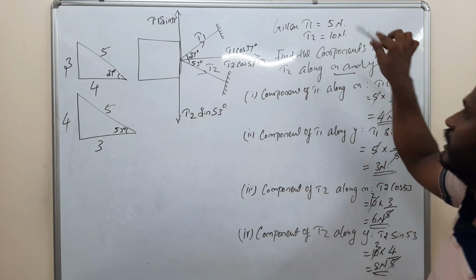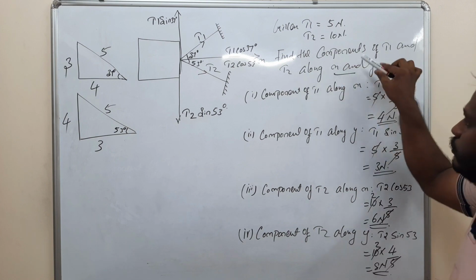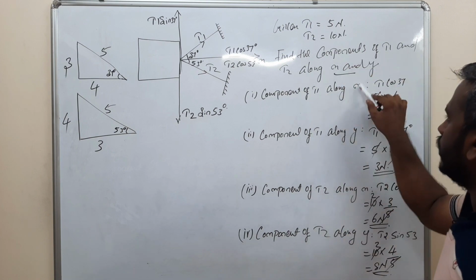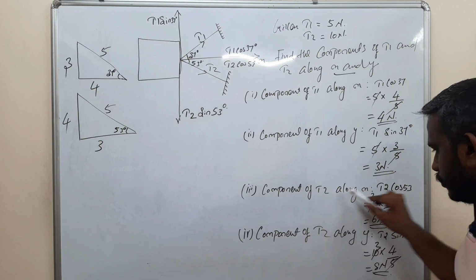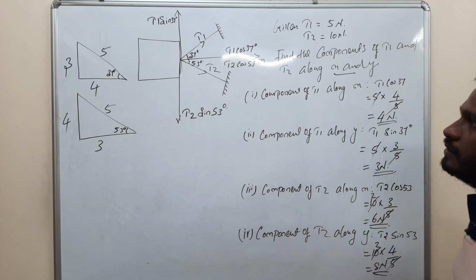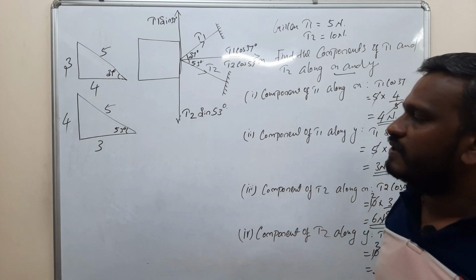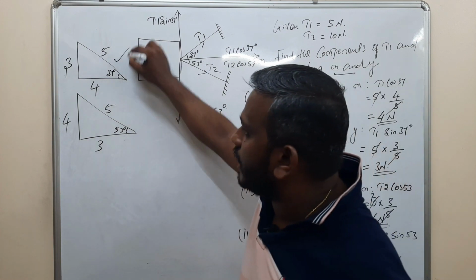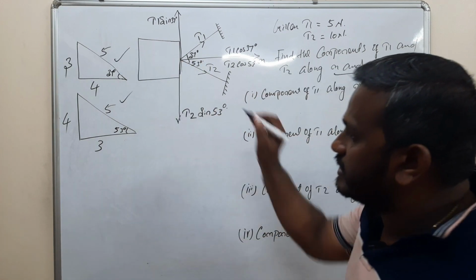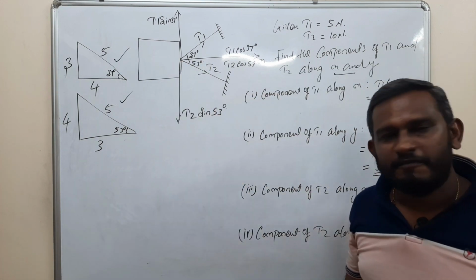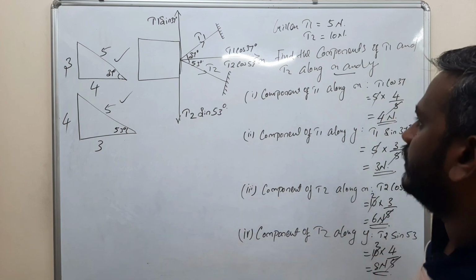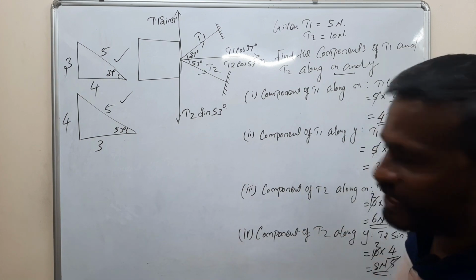So find the components of T1 and T2 along x and y: T1 along x, T1 along y, T2 along x and T2 along y. So don't forget these two triangles, 37 degree and 53 degree. Very, very important triangles. Clear?